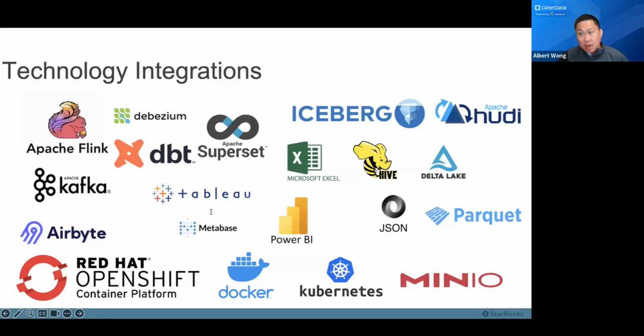In fact, next month in July, we will be speaking at a Red Hat meetup in San Diego, showing how StarRocks and Red Hat OpenShift work together, and how you can have real-time analytics on an OpenShift cluster.